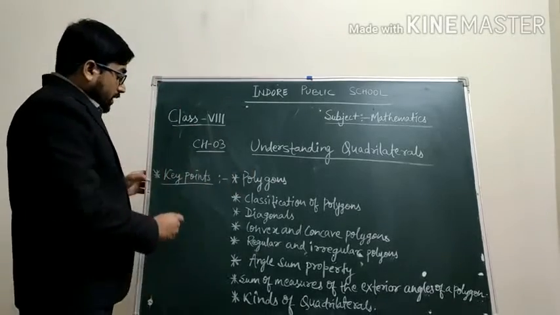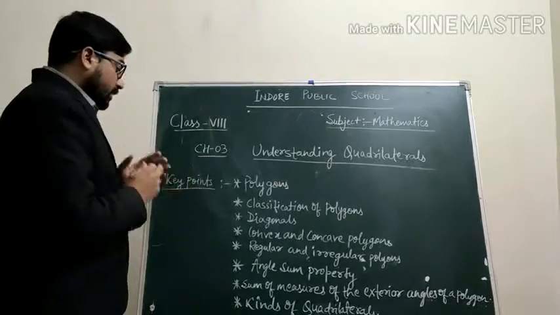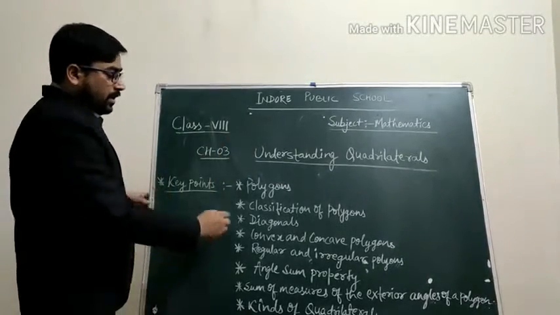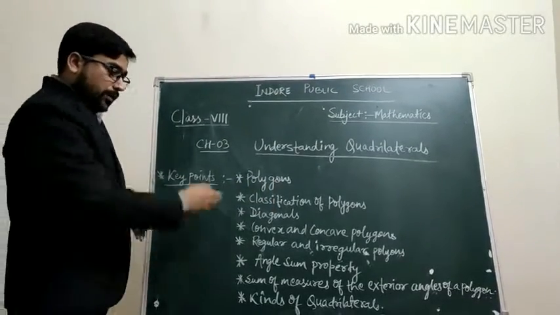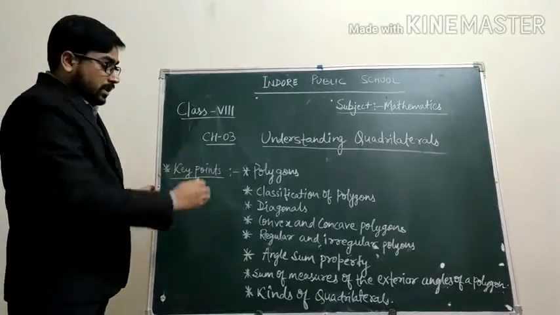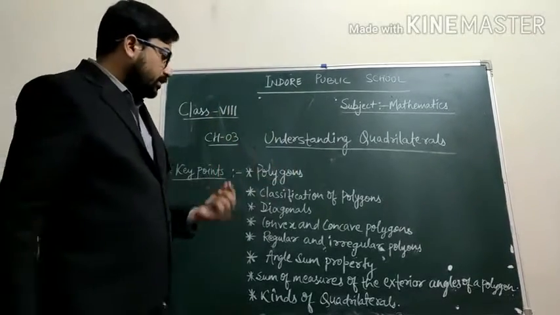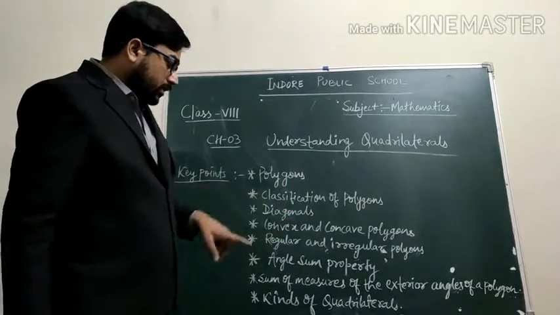So now in this chapter we focus on these topics. The key points of this chapter: first, what are polygons? First, we will brief the whole syllabus of this chapter. Polygons, classification of polygons, diagonals.